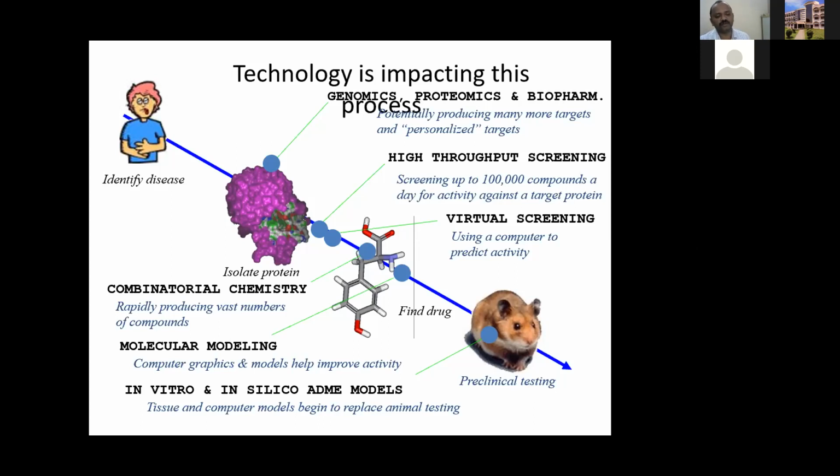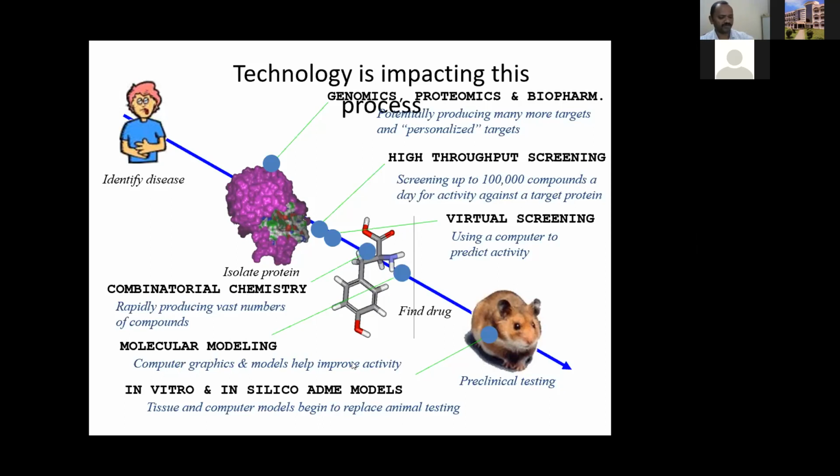So we need to optimize the lead based on analog design. So everywhere the drug design comes into the picture. Once the ligand and the protein come into the picture, the drug design will start. Okay. Combinatorial chemistry is another way where we can produce a large number of compounds in quick time. And molecular modeling, where we use computer graphics and computer models to improve the activity.